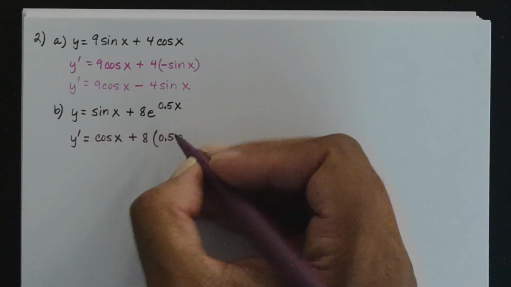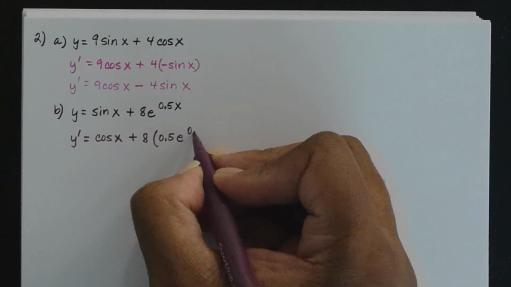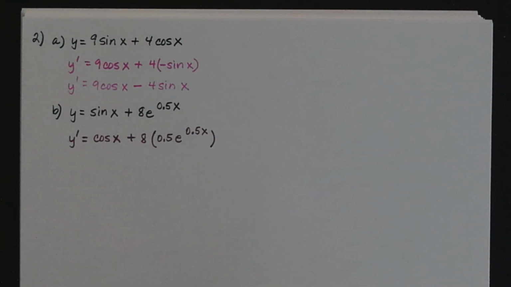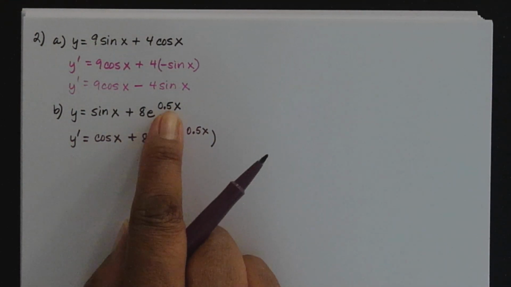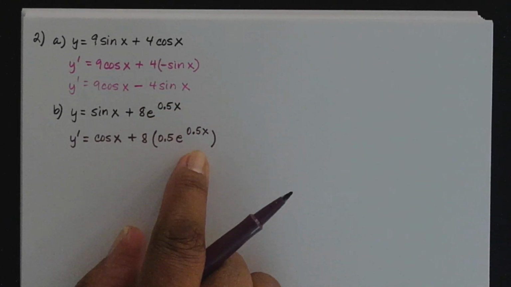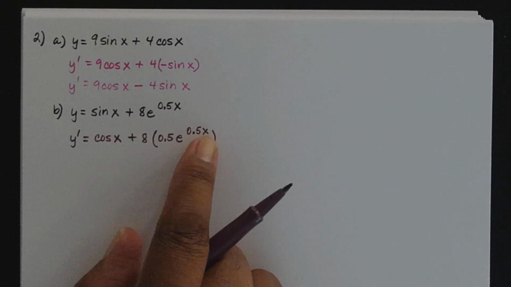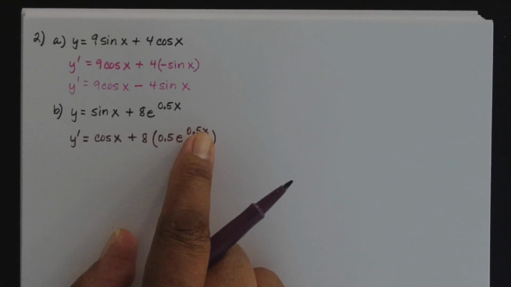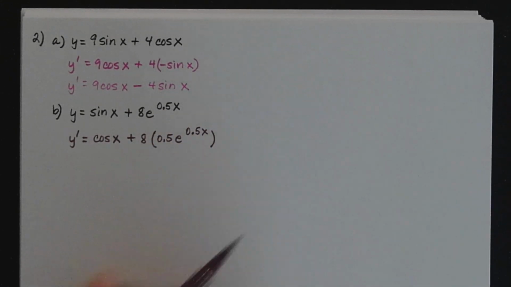Because the derivative of e to the 0.5x is e to the 0.5x, and then you have to take the derivative of what's in that exponent. 0.5x's derivative will be 0.5.